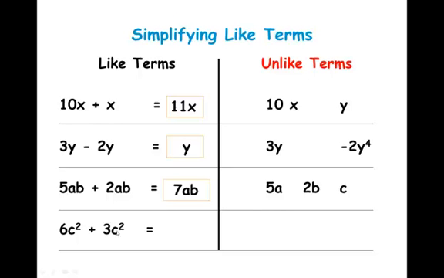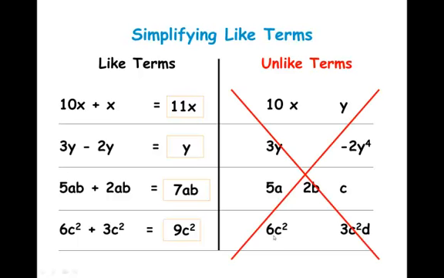They are both from the same family, they're from the C squared family. So 6 lots of c squared plus 3 lots of c squared gives us 9c squared. And the last one, 6c squared plus 3c squared d, that's a different family. We can't add those together. All right, so if it will help you, it's worthwhile copying this table down into your book. You can pause the video here.